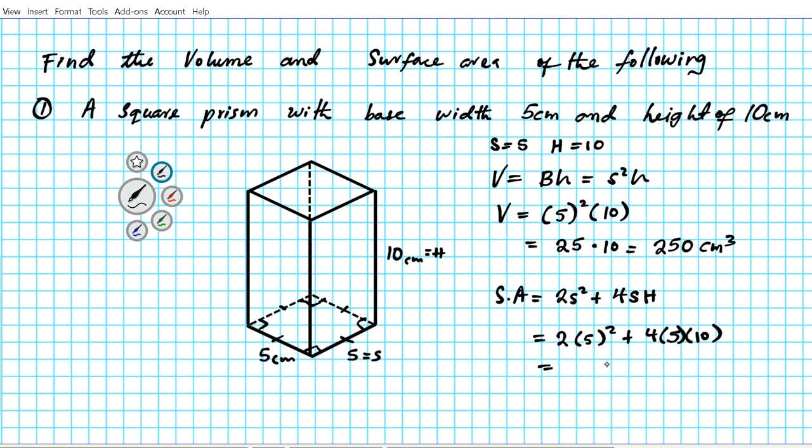Simplify this. 5 times 5 is 25 times 2 is 50, plus 4 times 5 is 20, times 10 is 200. And then you add it all up, you get 250. We're just finding a product of 2 sides, so the unit is going to be centimeters squared.